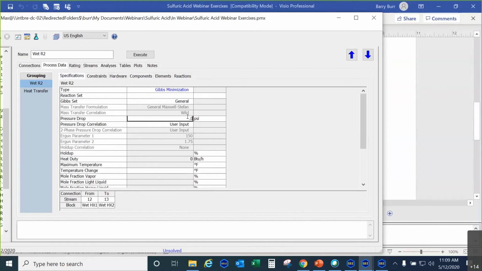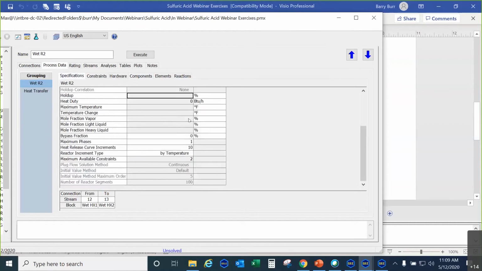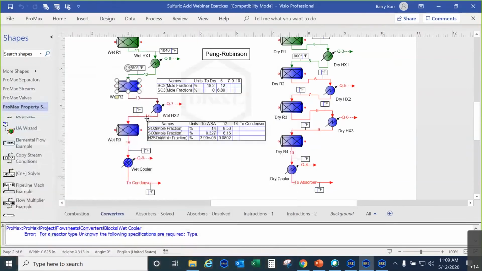We're going to have 0.08 psi. We're going to have bypass fraction of 2 and 2 phases, and that should be all we need to do. Okay, there, that one's solved.